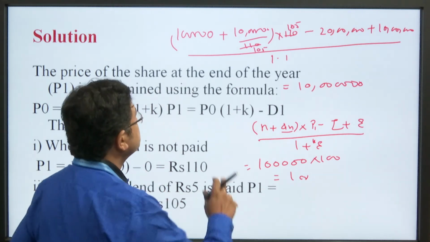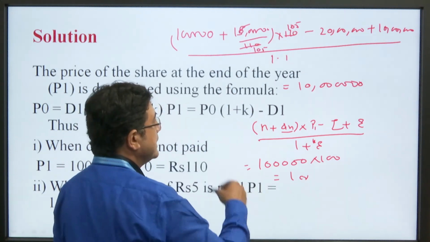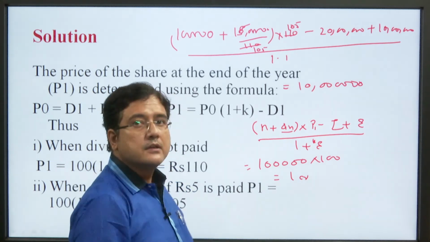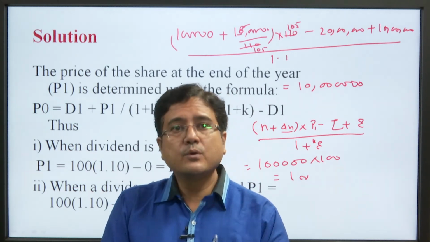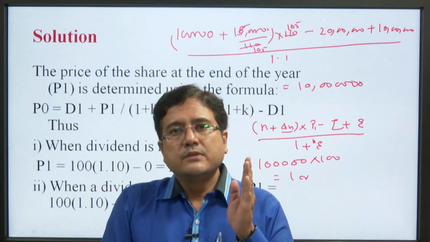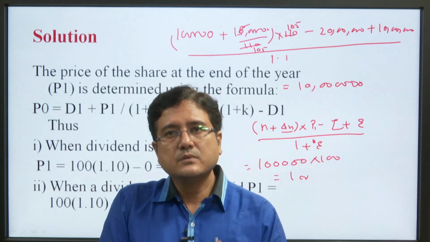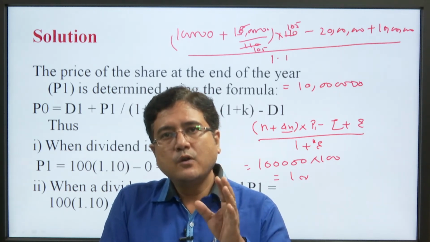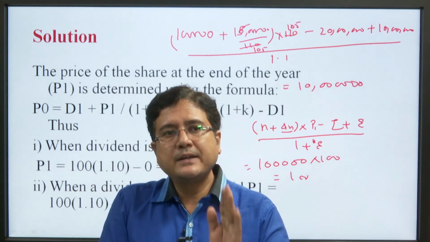So, it will become this 15, and when we calculate the same thing, again in this case we receive the value of the firm as 1 crore. Therefore, this is proved with the hypothesis: the value of the firm does not change whether we pay the dividend or not.